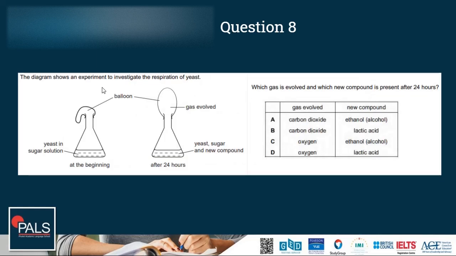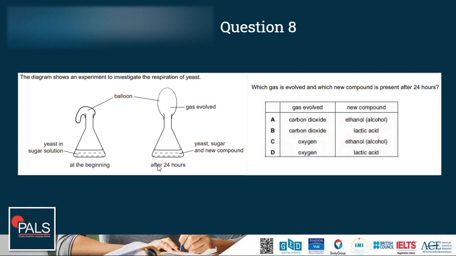Question 8. The diagram shows an experiment to investigate the respiration of yeast. We see the experiment at the beginning. We have a solution containing yeast and sugar, and we have a deflated balloon on top of the reaction vessel.